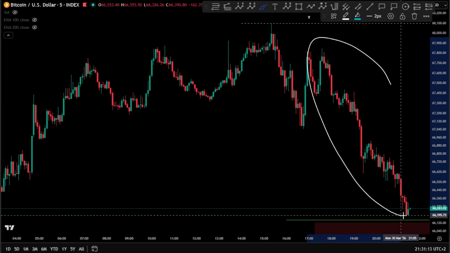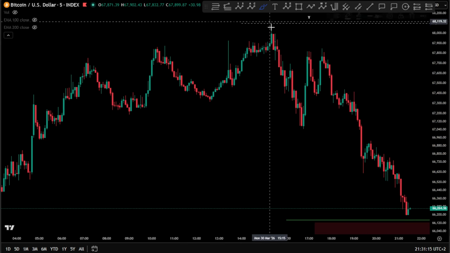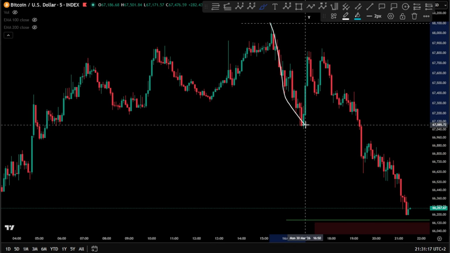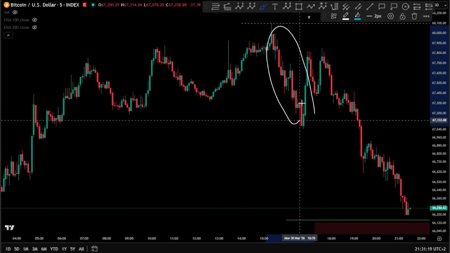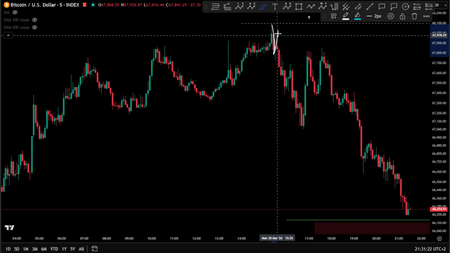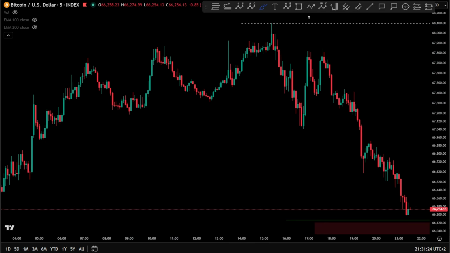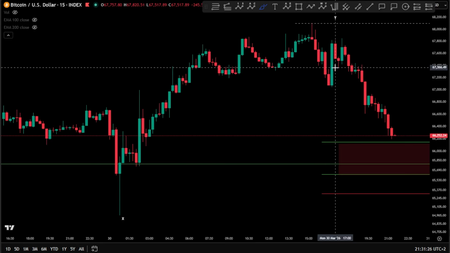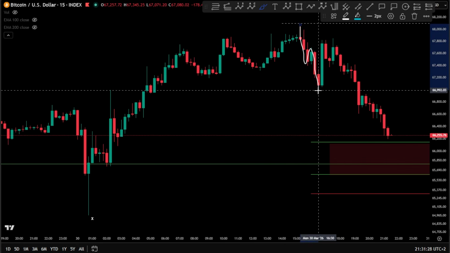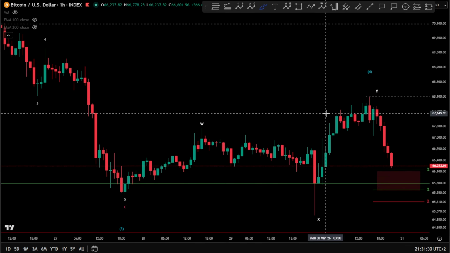So if this is an impulse, all of it, I have no other option here rather than taking this as a 1-2. Internally, it can be maybe 1, 2, 3, 4, 5. But when you take it on the 15-minute chart, it is very clear as 3 waves. So we gotta be careful with it as well.